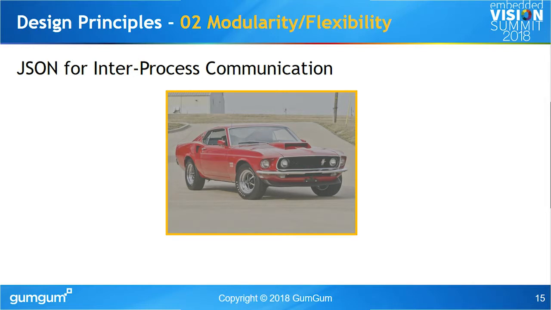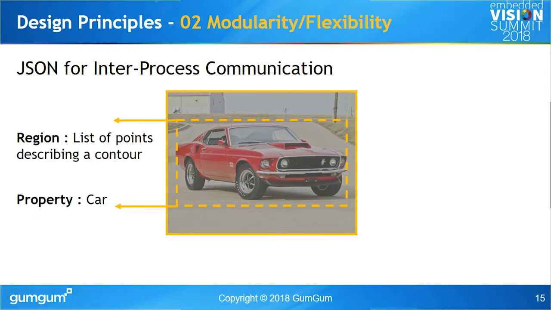So based on the ways in which we use computer vision at GumGum, we came up with the concept of a region and a property. So a region is essentially just a list of points describing a contour. Here it would be 4 points describing the bounding box, and each region is associated with its own property. Regions can also be associated with multiple properties, thereby solving this problem of red Ford Mustangs easily.